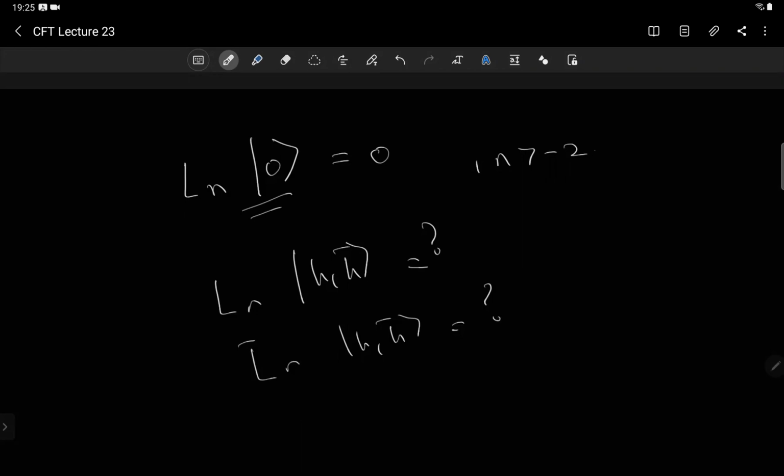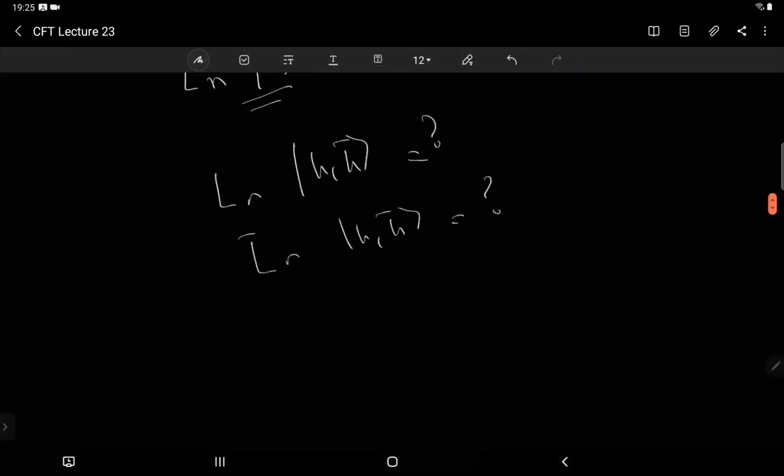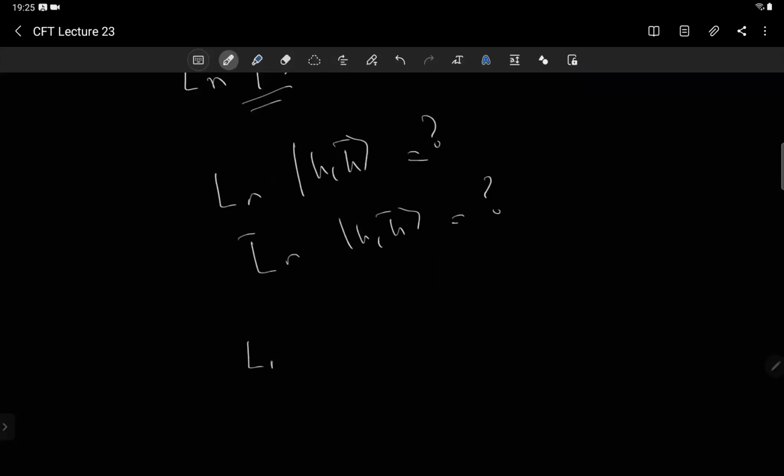And remember, how do I find this? The state h bar is actually phi of omega bar acting on the ground state, in the limit omega bar goes to 0.